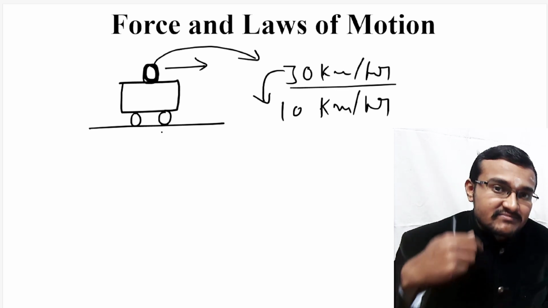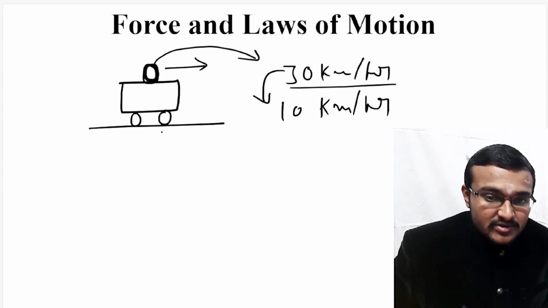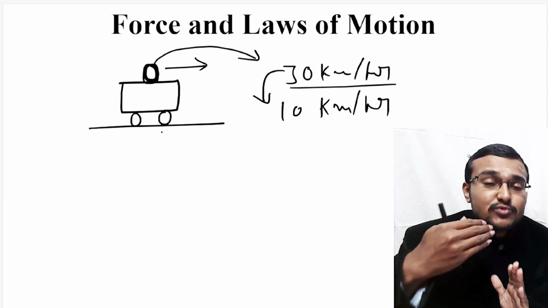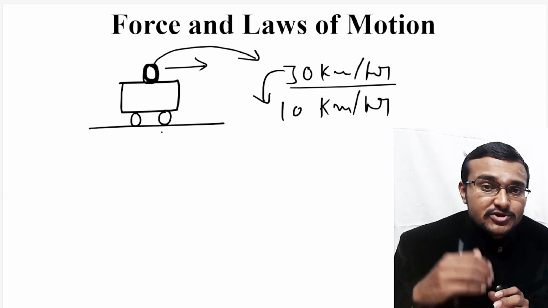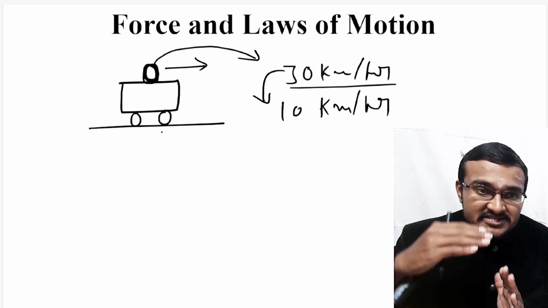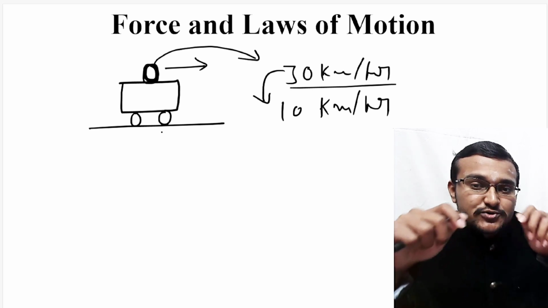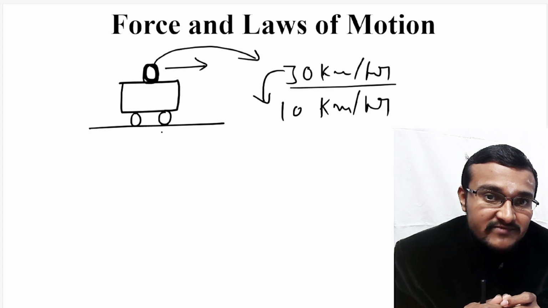So to overcome that inertia, to make that particular object also move along with the bus, in order for that object to adjust for the state of motion, we have to tie that object with rope along with the bus.